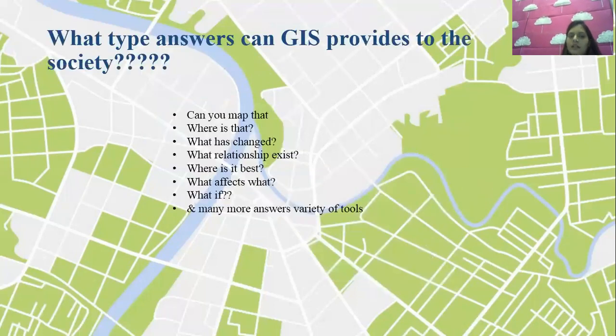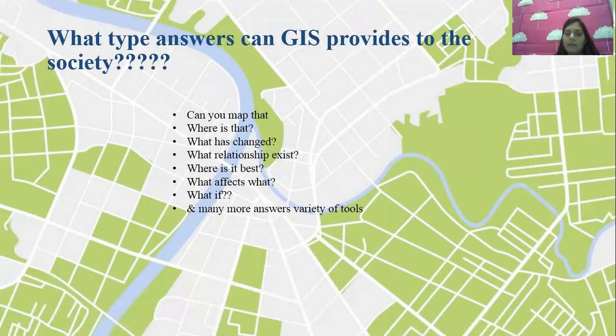Now we can have a question, and I know you also have a question about it, that what type of answers can GIS give to society or can solve the problem? Yes, first of all, can you map that? Yes, to the smallest extent, to the largest extent, we can map everything which is located in space, which is located on Earth, that has some geographic coordinate.